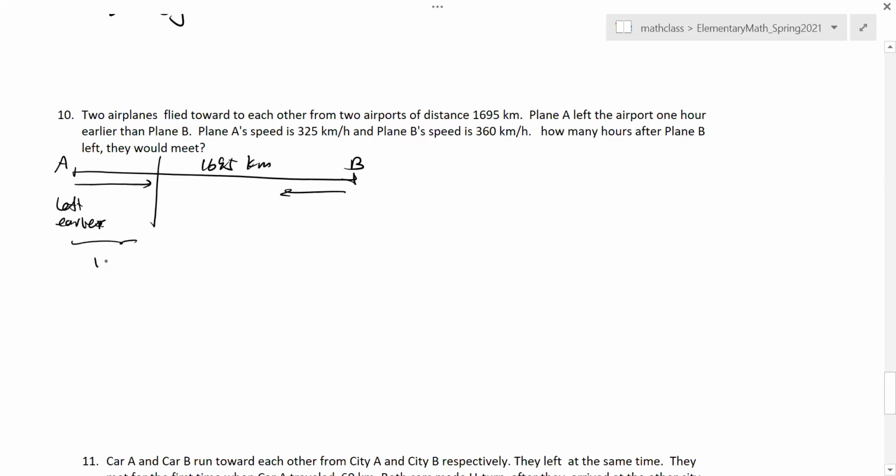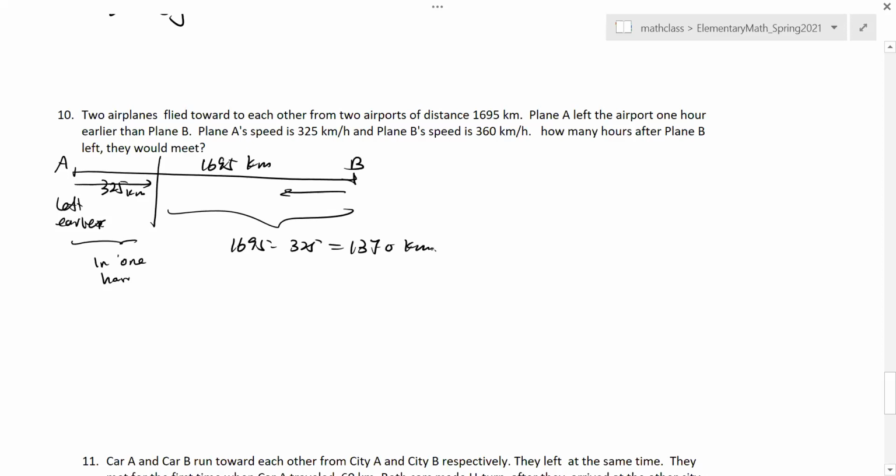In 1 hour, plane A flies 325 kilometers. So the remaining distance will be 1,695 minus 325, which is 1,370 kilometers.